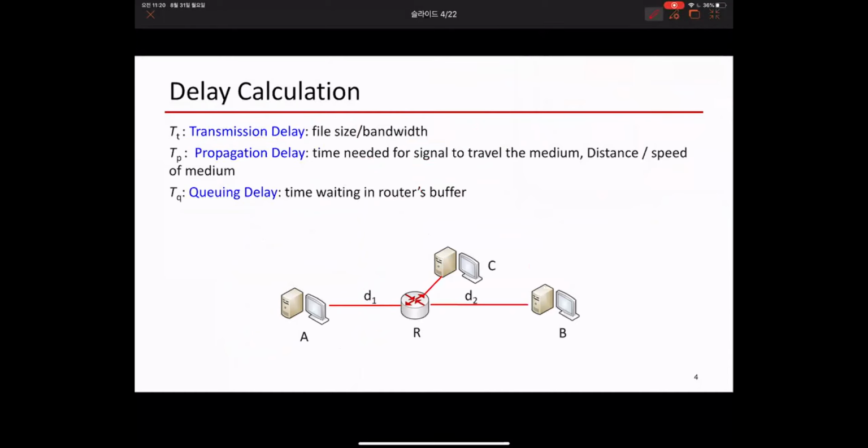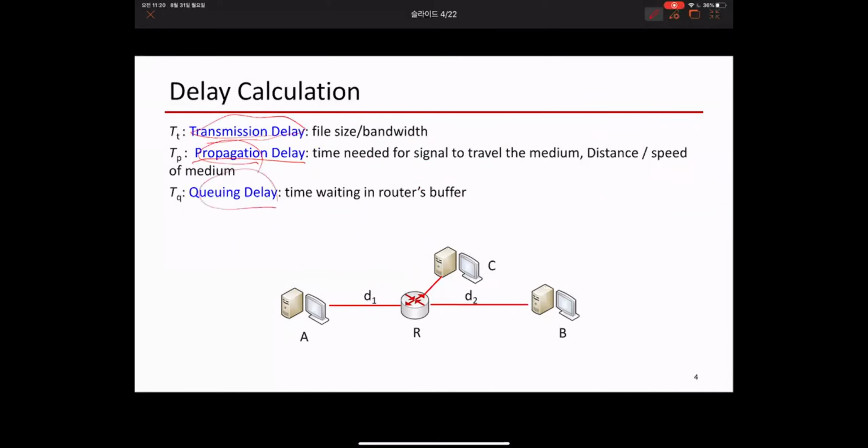In this case, we are talking about transmission delay, the file size divided by bandwidth. My cake needs to be divided into small pieces, then you can deliver. Now I have one piece of cake, and how long does it take to go from one point to the other, end to end? That I call the propagation delay.